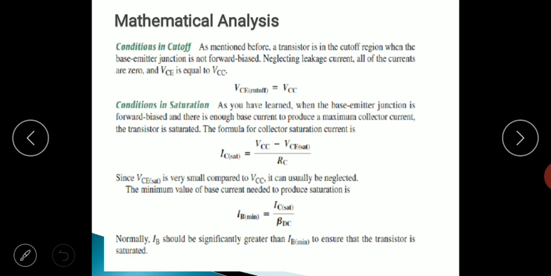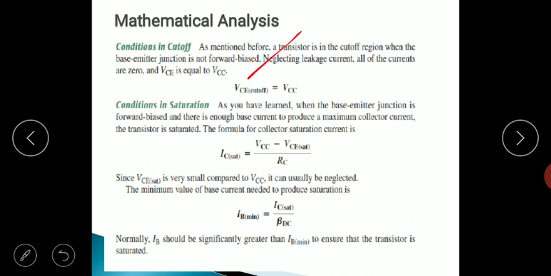Now the quick mathematical analysis of the circuit which we have seen. In the first case, we have seen the transistor in cutoff. When the transistor is in cutoff, as there is no base current IB, the collector current IC is also 0, hence the voltage we get across the collector terminal of the transistor will become VC equal to VCC.